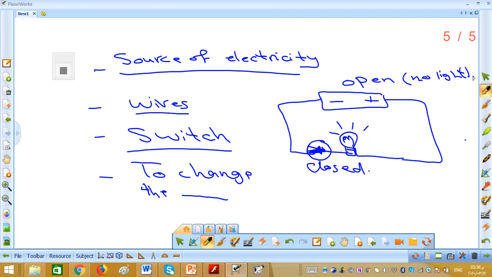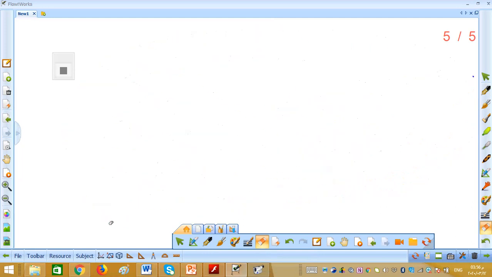If we have more than one electric appliance in our houses or in the school, for example, we have 2 ways to connect these devices. The first way of connecting circuits, we call it series circuits.